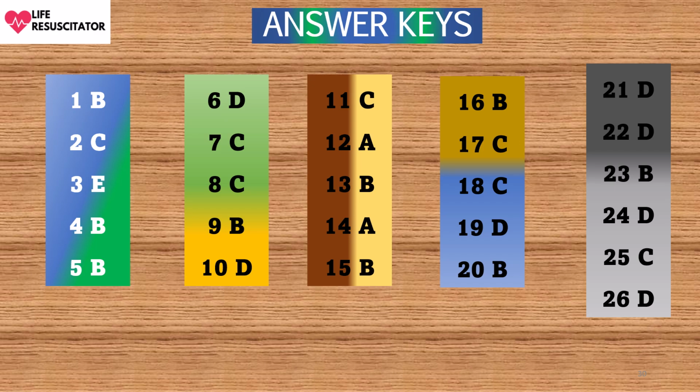So count how many correct ones you have. And then you can do it over 26 and if you want it in percentage, you can multiply by 100.